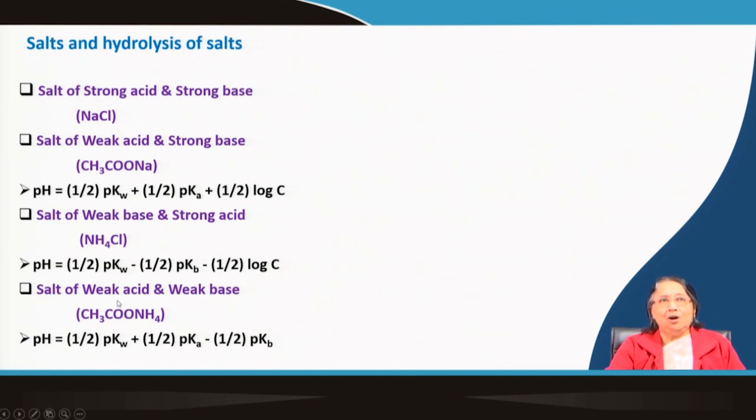Depending on how weak they are, whether very weak or not that weak, the overall pH will depend. So, depending on the strength of this weak acid and weak base, you have to calculate and see what the pH of the solution comes to.